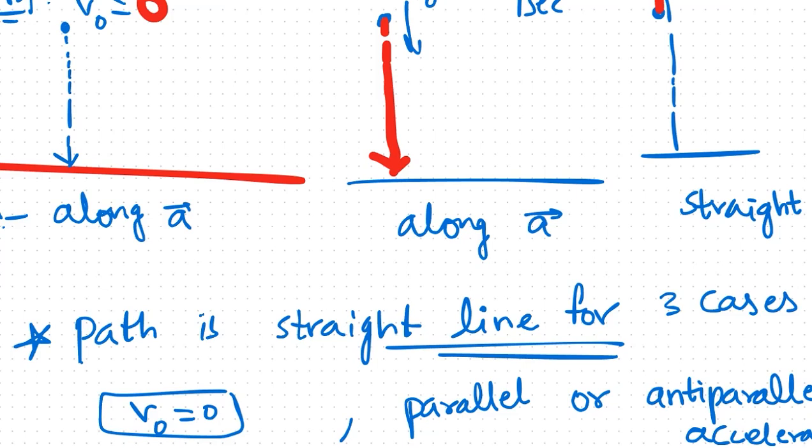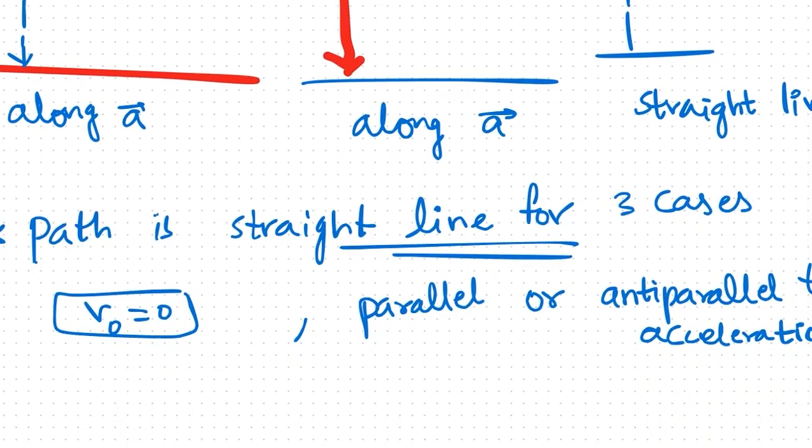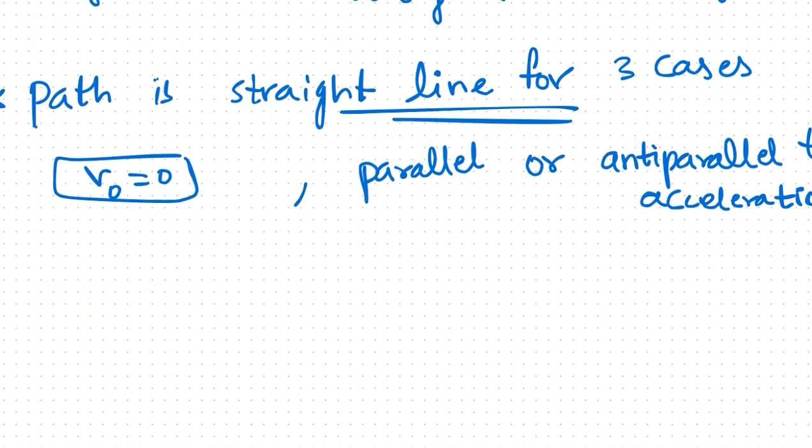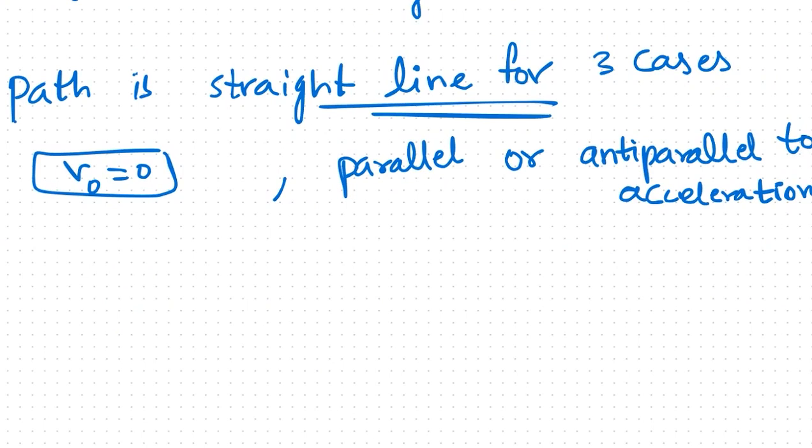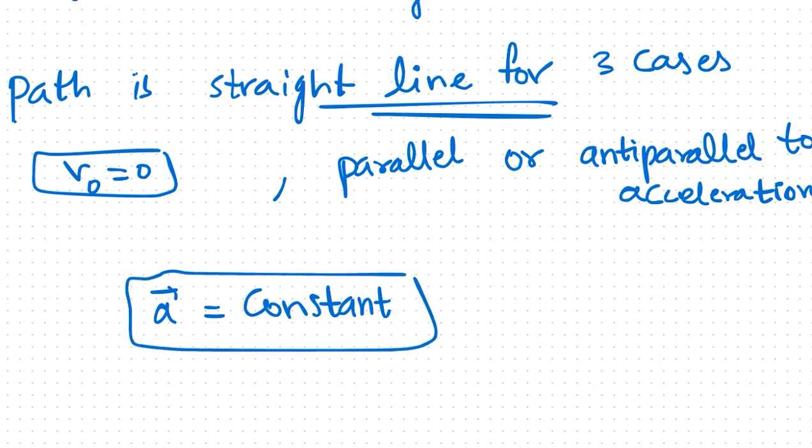It's not about the gravity, it's about acceleration in general. So assuming that acceleration is constant, of course. So if v0 is 0, the path will be a straight line.